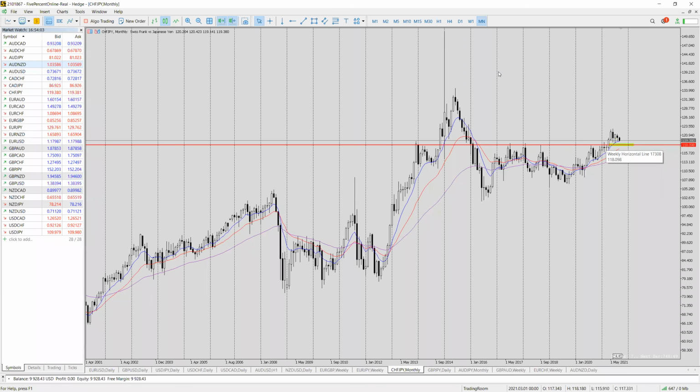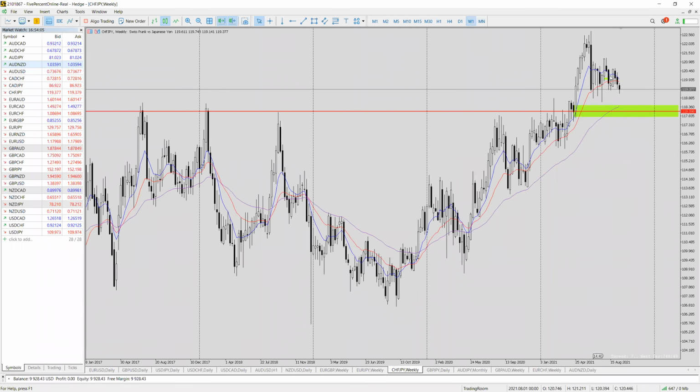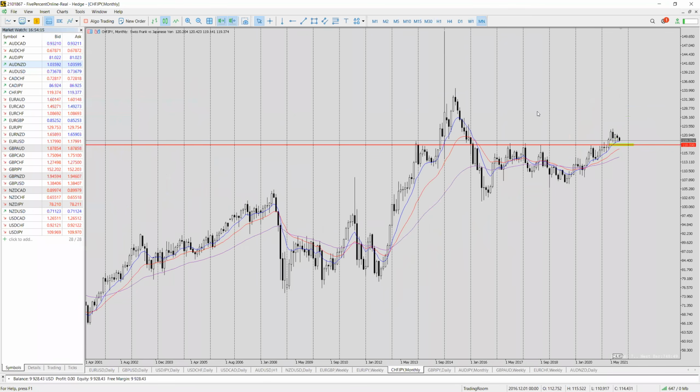Compression, that's the word I was looking for. Some sort of compression or sideways movement before continuing higher, like a temporary rest. And if this occurs, then we could see some very nice moves with lots of pips on Swiss yen.